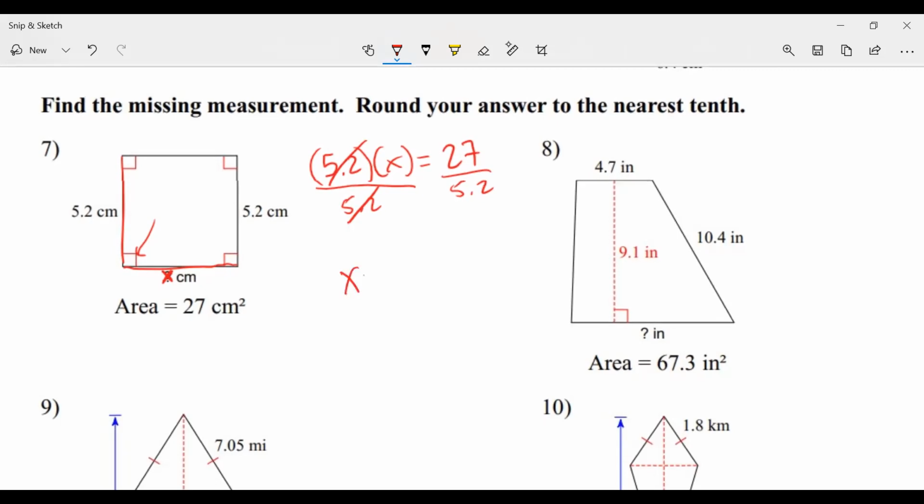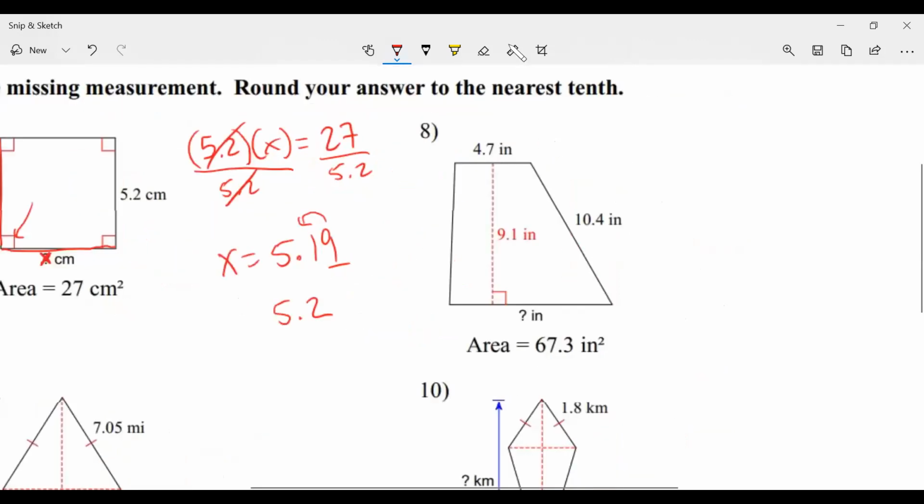So I get x is equal to, according to my calculator, 5.19. There's more decimals, but I'm rounding to the nearest tenth, so I'm just going to look at 2 decimal places. The 9 is big enough, so it pushes the 1 over. So my answer would be 5.2. Okay, so that side was 5.2. Let's take a look at question number 8.